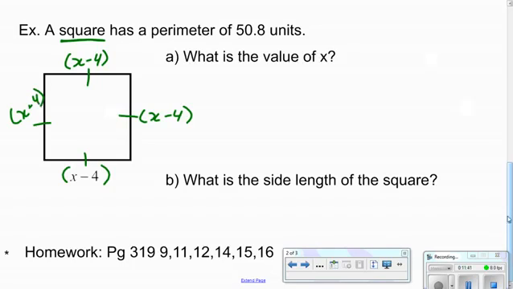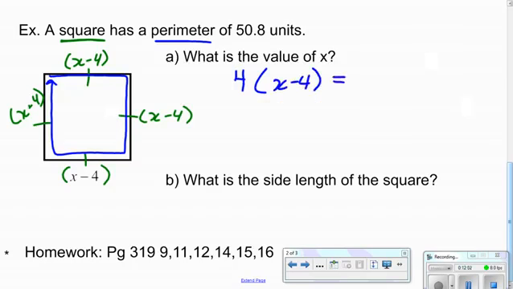When we're talking about perimeter, we're talking about going around all of these 4 sides, the distance around the 4 outsides. So we could go x minus 4 plus x minus 4 plus x minus 4 plus x minus 4, or we could realize that it's going to be the same as 4 times x minus 4, and that has to equal 50.8.